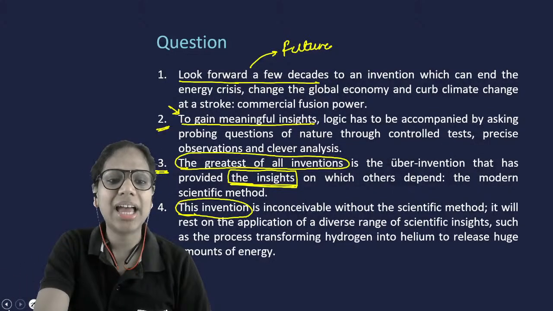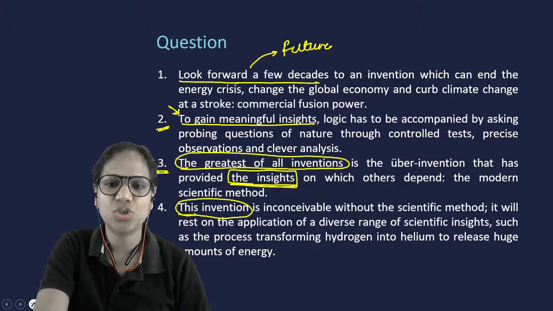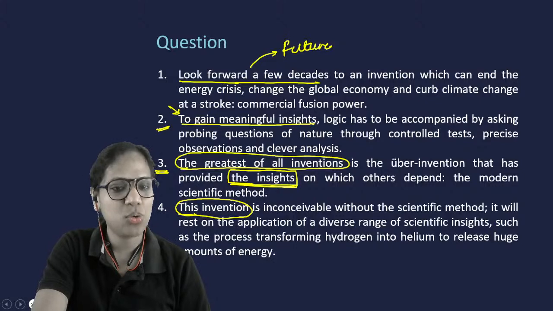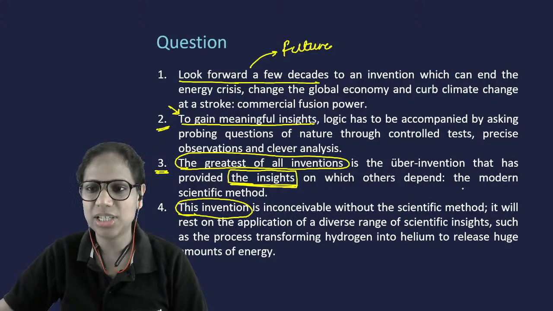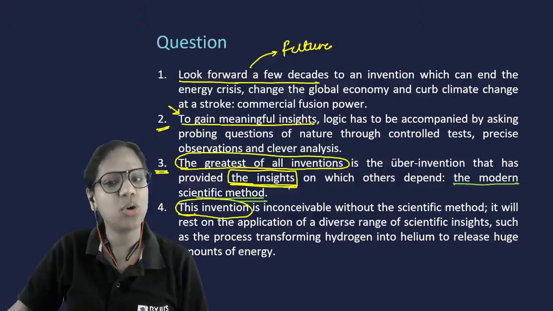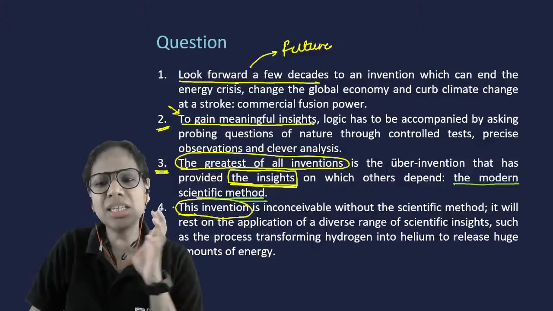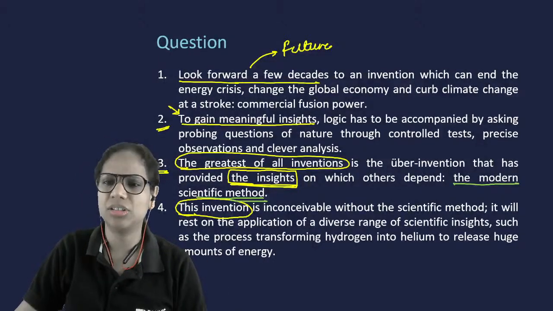So here I am naming the greatest of all inventions, and it looks like I am introducing something, doesn't it? Then four says this invention is inconceivable without the scientific method.